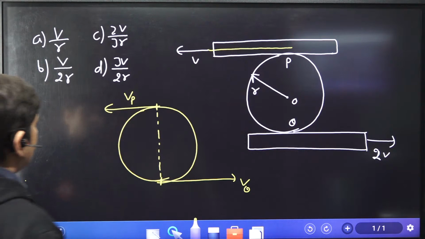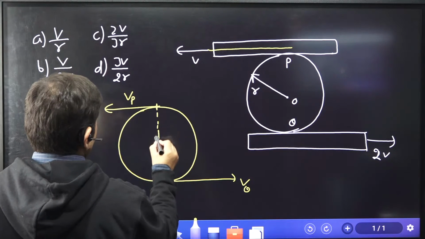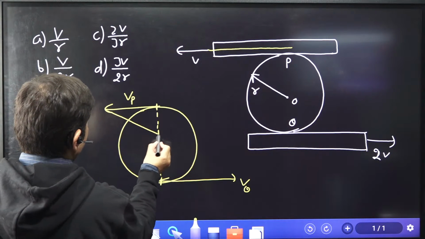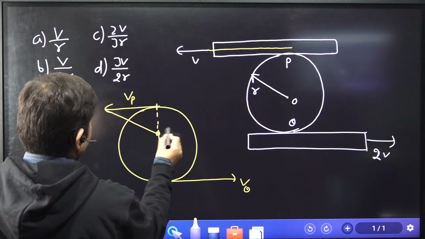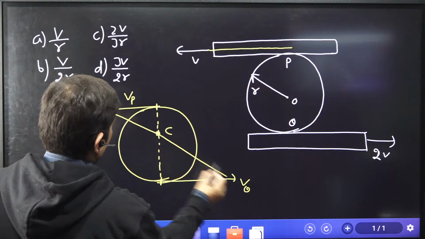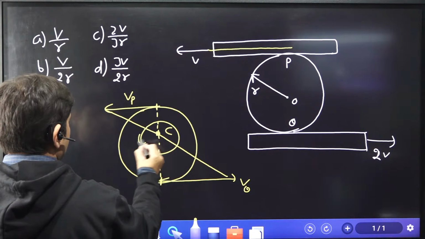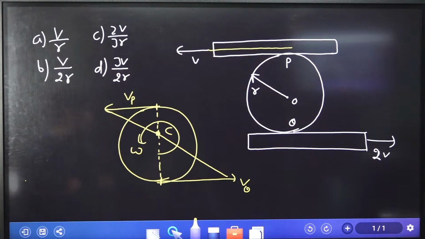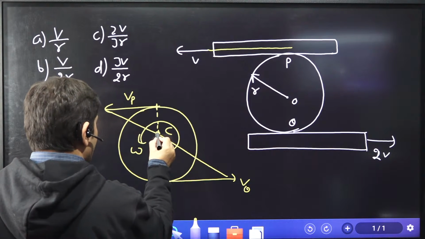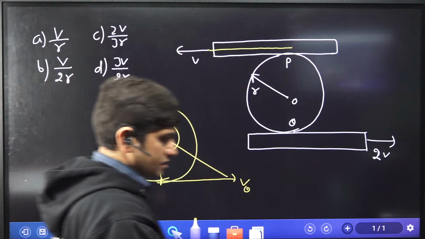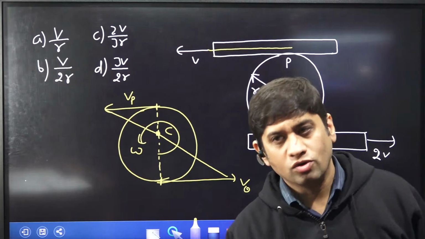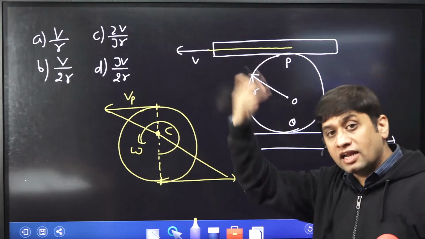Okay, good. Let us say this is displaying some kind of angular rotation, omega. Omega is what we want to find out. Now visualize that the center of rotation of this disk is at point C, and C is not at O. C is at any other point.